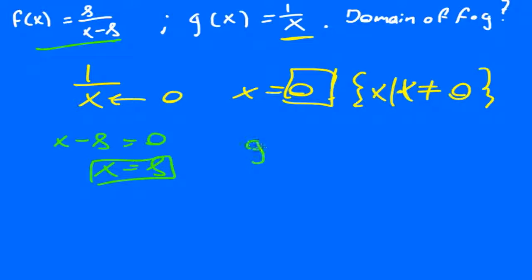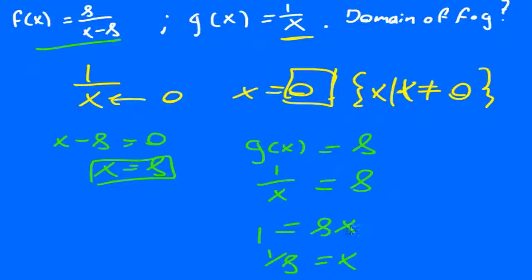Now we have to solve this. g of x equals 8, which is 1 over x equals 8, and 1 equals 8x. So our x would be equal to 1 over 8.